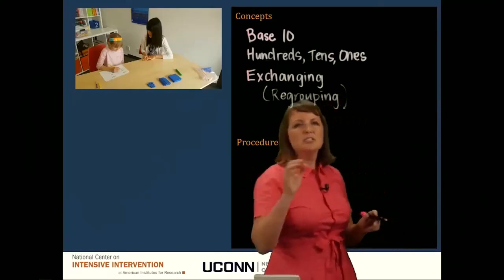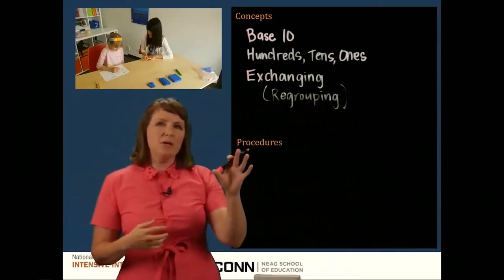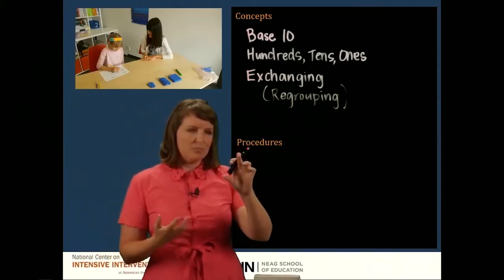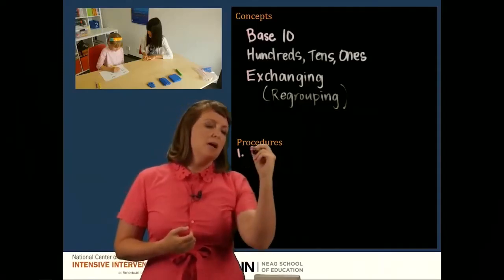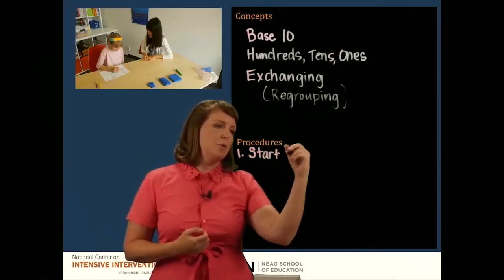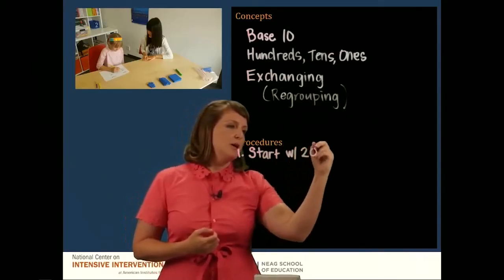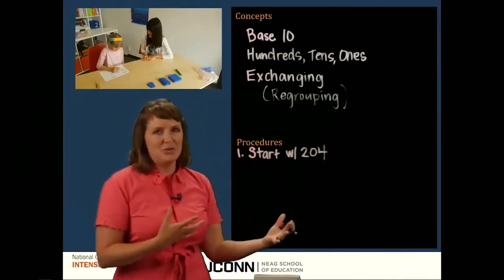Now, the thing that Jing Shou did a lot on were the procedures here. So they were working on this subtraction problem. So I would just kind of put these out here. She talked about first they're going to start with 204. So she wanted to show, what is that in that number? Is it the minuend or subtrahend? It's the minuend.